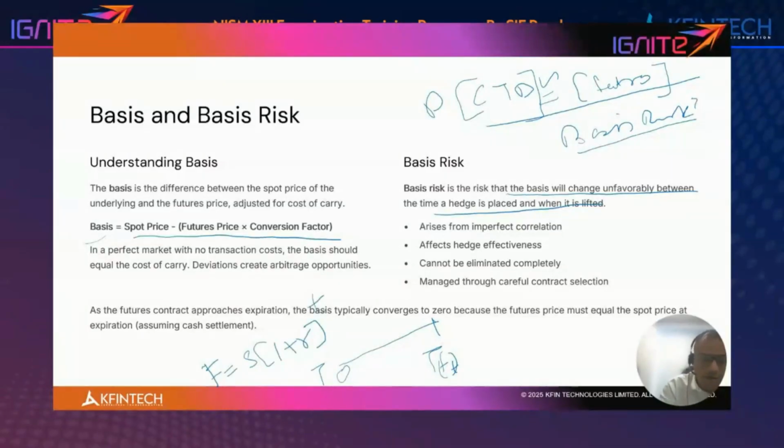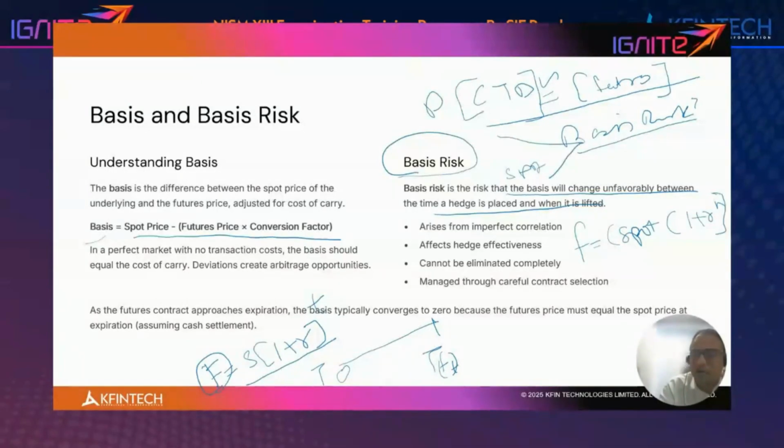Now if the futures price and the cost of carry have a difference, that means your futures price based on the spot price is not equivalent to the expected return. There is a basis risk. That means your spot and your futures will not converge. So that is called the basis risk.